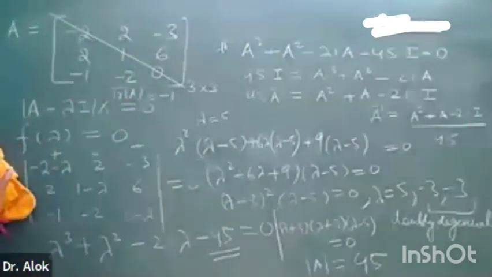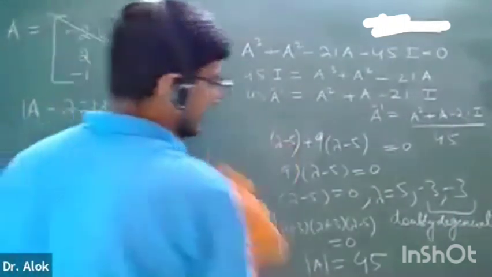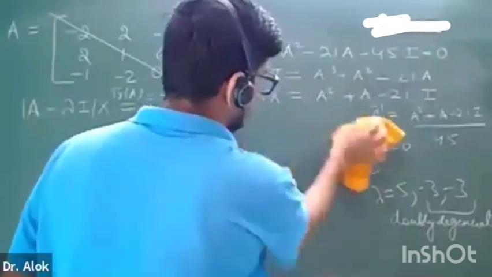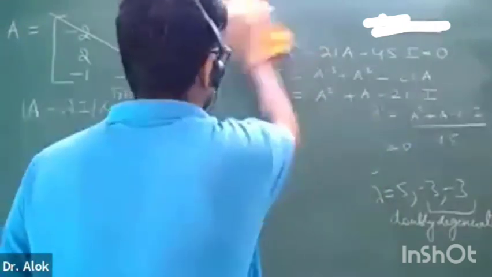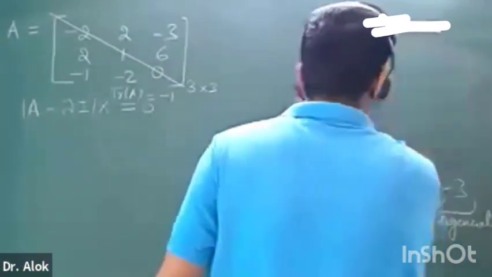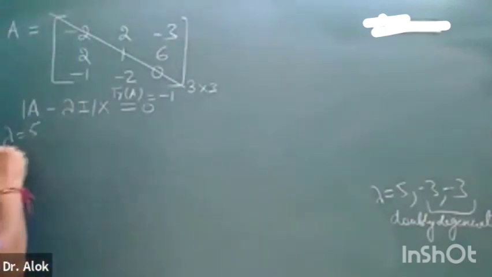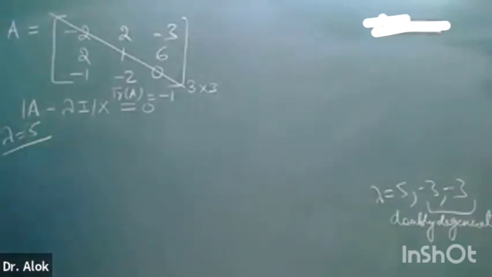Very good. So let us now quickly calculate the eigenvectors, and that will complete our cycle. Let us go for eigenvectors quickly. The first one I will calculate for lambda equal to 5 because that is different.